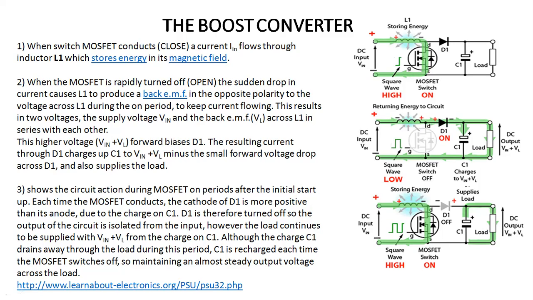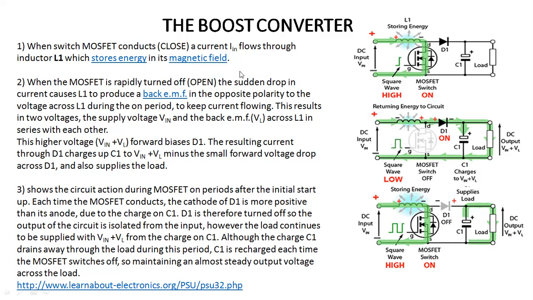So here when our switch is a MOSFET, we can say when the MOSFET switch is conducting, it means what? That the switch is in closed condition. That time, if you are taking the switch as on, it means the switch is closed.